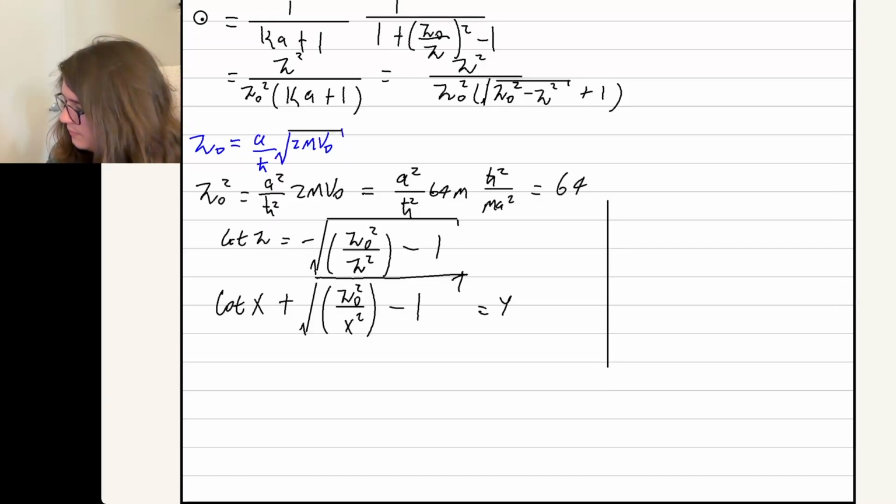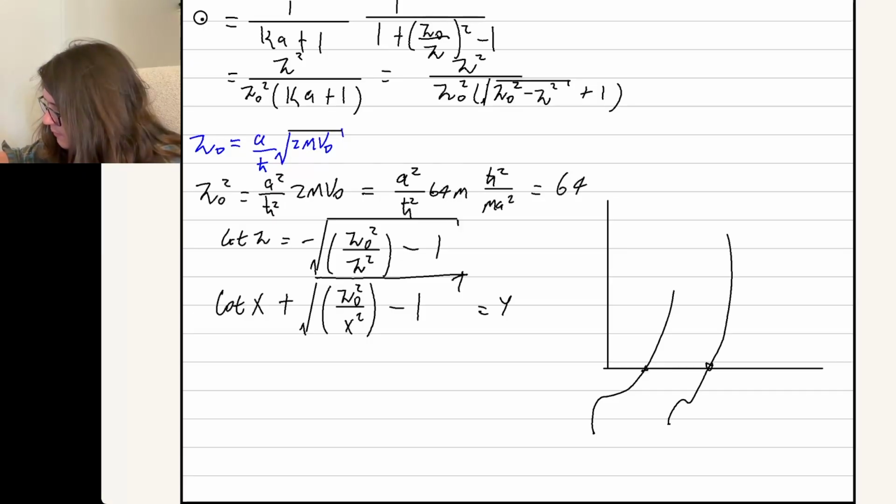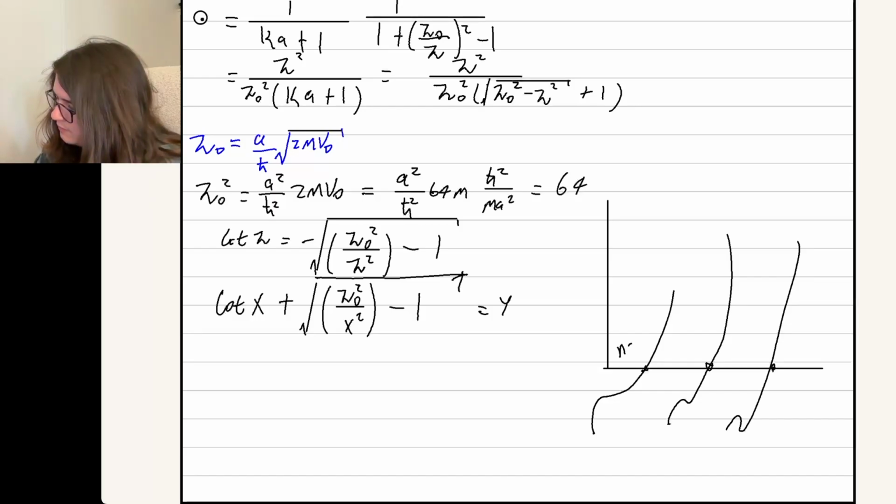And it is actually going to cross at 3 points because it is like a crazy trig function. There's going to be here, and then here, and then here. These correspond to the n equals 2, n equals 4, and n equals 6 states.